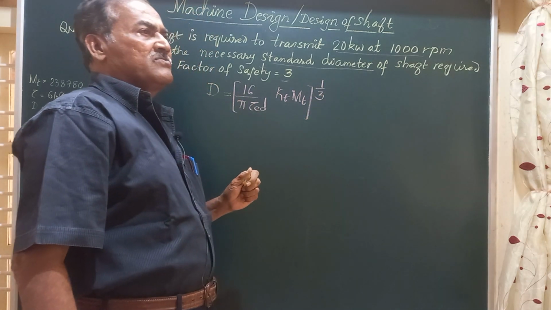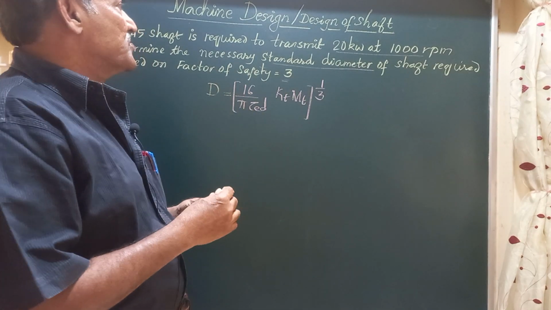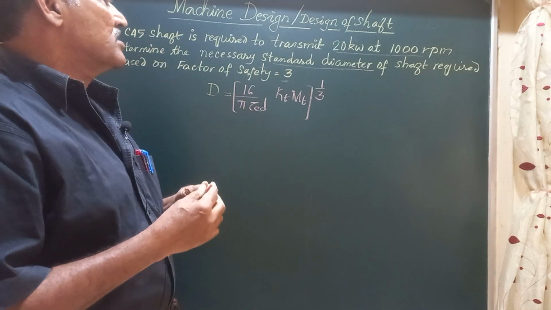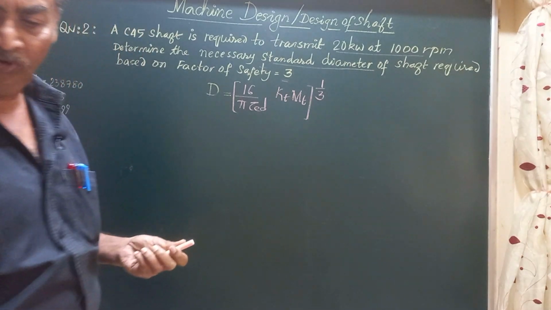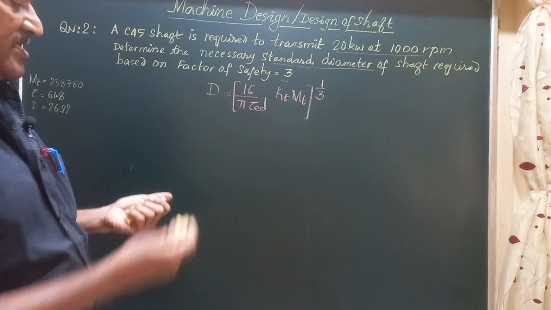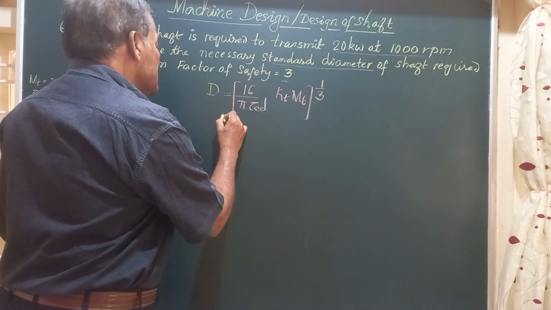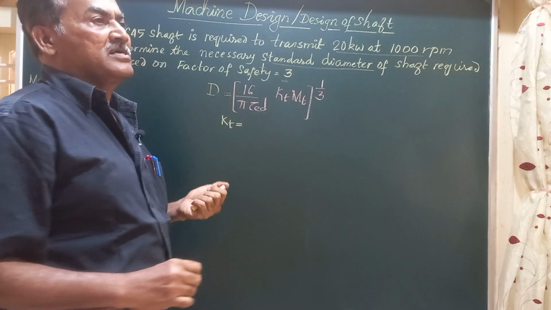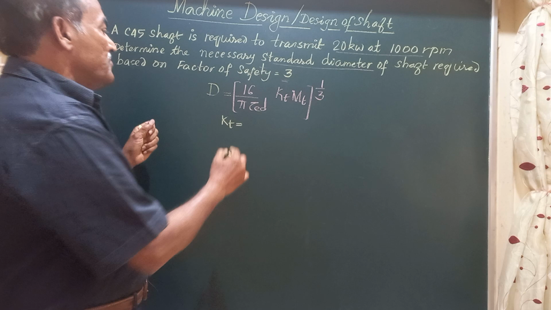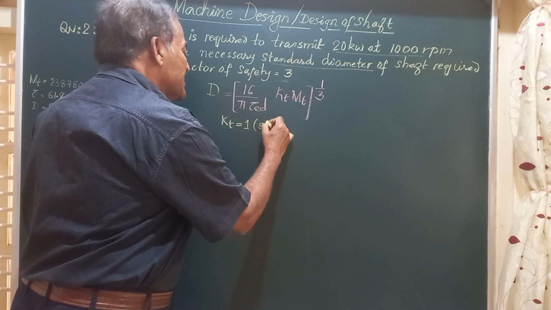Friends, we already used this equation in one of our previous videos, that's on shaft number 2, question number 1. Friends, what are these values? So friends, here you can see this kT is equal to the shock factor, which is generally taken as 1, assuming a steady load.